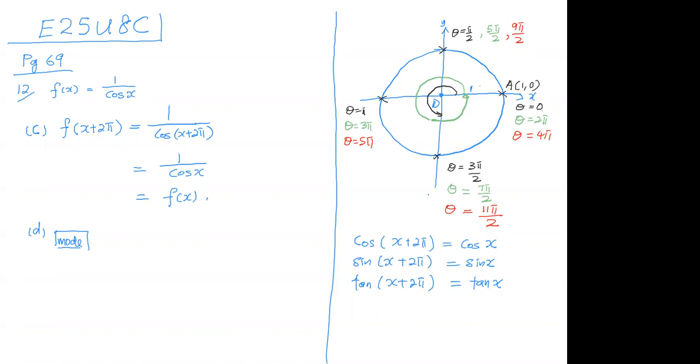From part A, we know that there are 2 vertical asymptotes. Still remember what are the 2 vertical asymptotes? One is pi by 2. The other one is 3 pi by 2. Am I right?